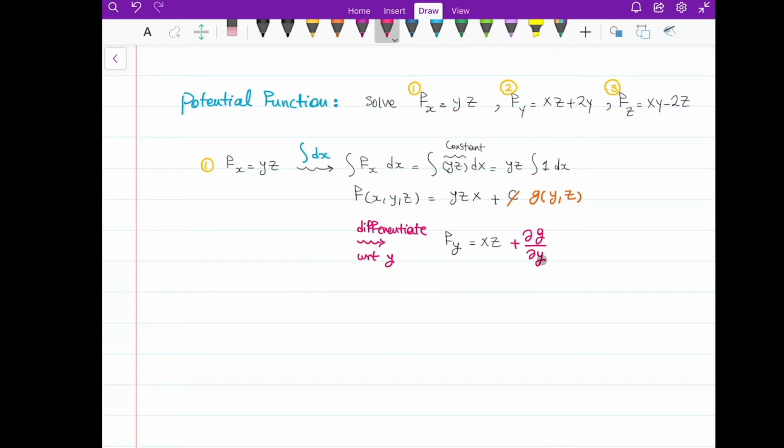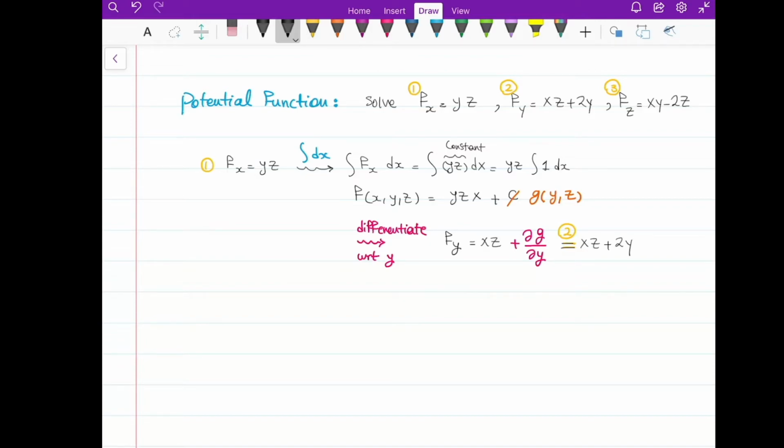Based on equation 2, I know that f_y is equal to that. So using equation 2, it's equal to xz plus 2y.